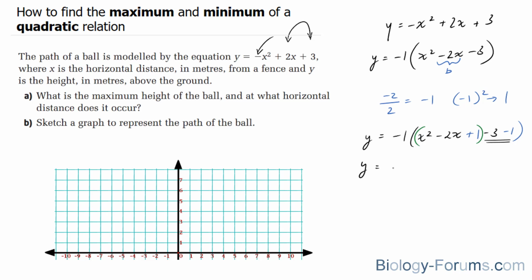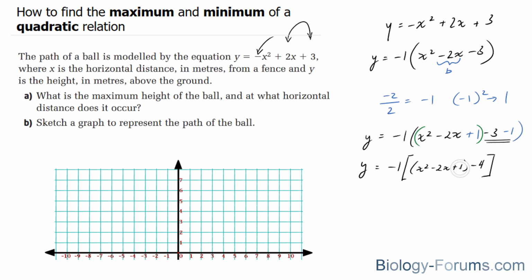Y is equal to -1. I'm going to add square brackets just to differentiate the two. And I'll write this out. -3 minus 1 is -4. And remember when I told you that this number is very important?